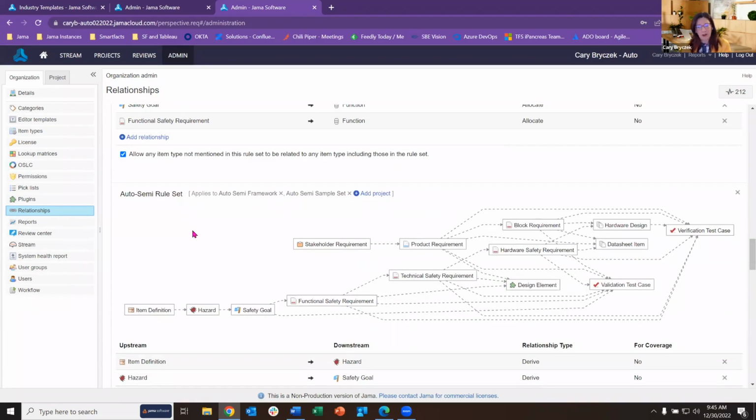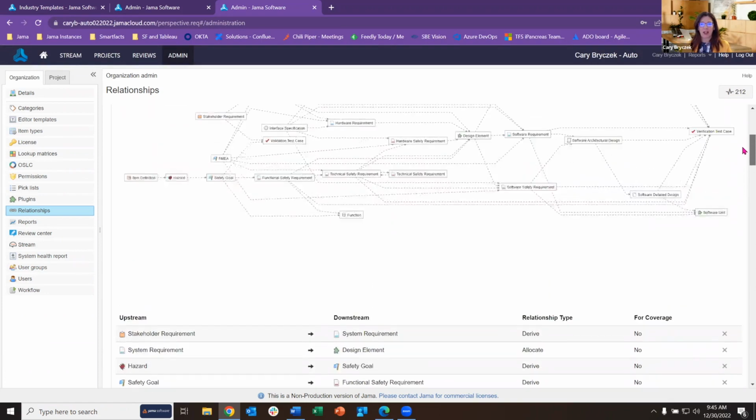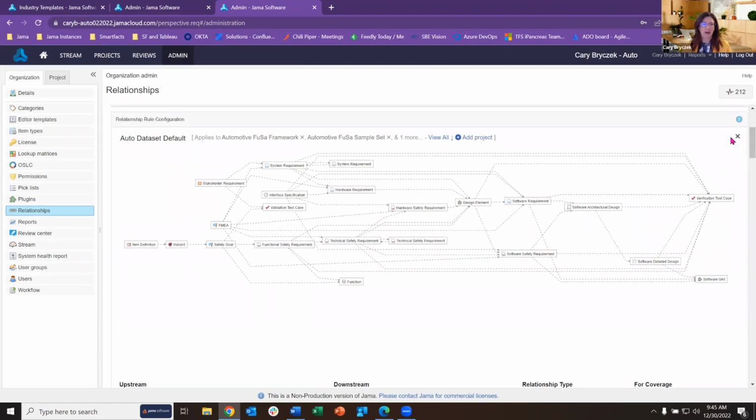If you're doing automotive development within the semiconductor industry, we have a template that is developed by industry experts. So we at Jama have hired people that have worked in these industries and know what are the types of compliance reporting that you have to do, and then put together these easy and ready to go templates that allow you to get started right away.